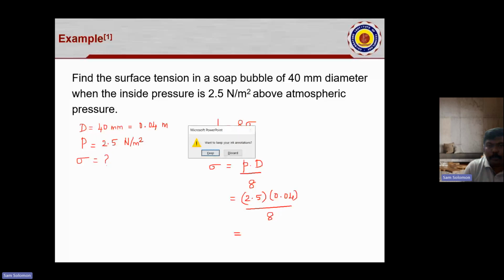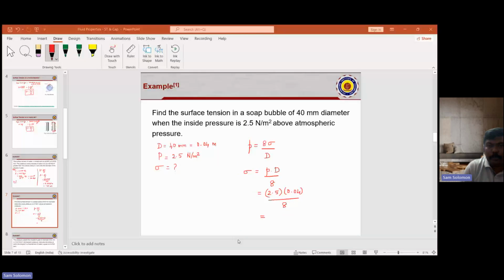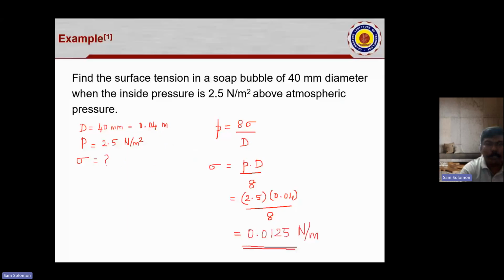Let's use the calculator again. It is 2.5 multiplied by 0.04 whole divided by 8, and that is 0.0125 Newton per meter. So this is the answer that we get for the surface tension in case of a soap bubble. A very, very simple problem here.